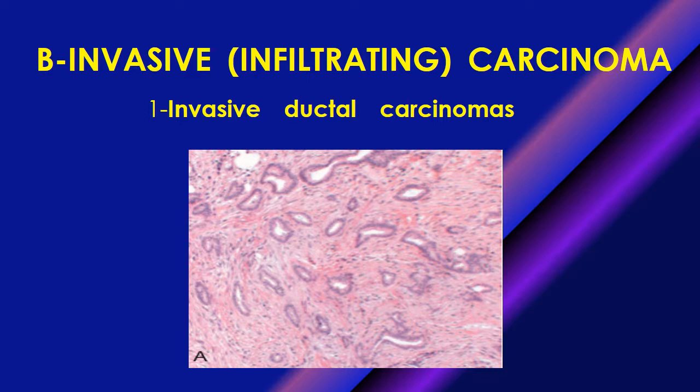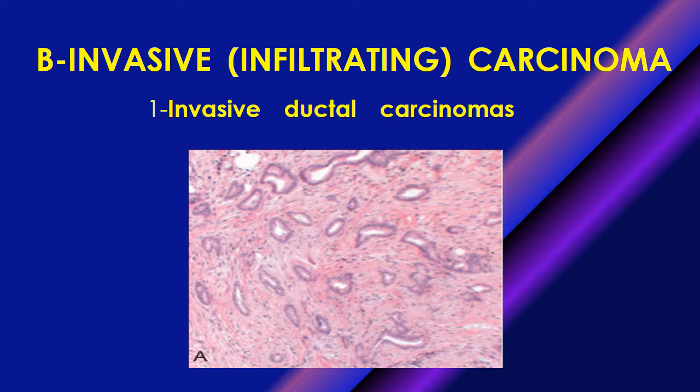The majority of invasive carcinoma, about 70% of breast cancer, is invasive ductal carcinoma. The invasive ductal carcinoma produces a desmoplastic response, which replaces the normal breast fat, resulting in mammographic density and eventually leading to the appearance of a hard palpable irregular mass.